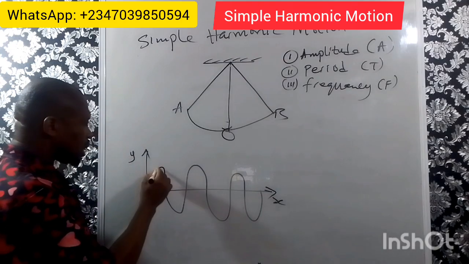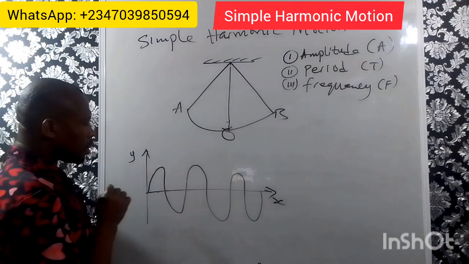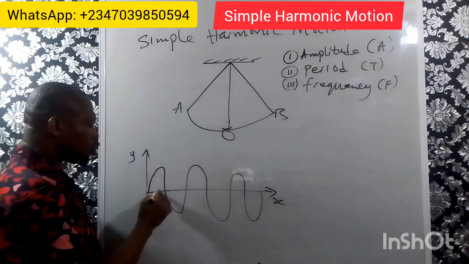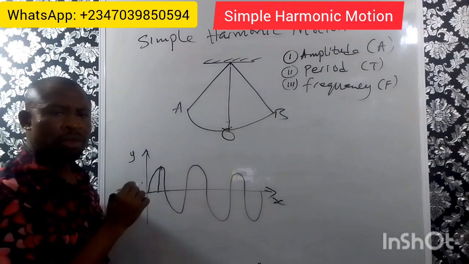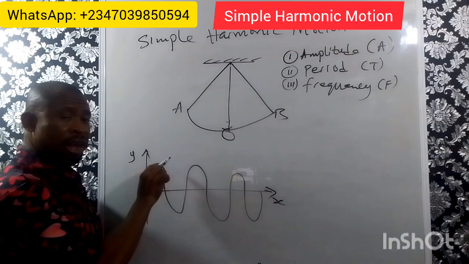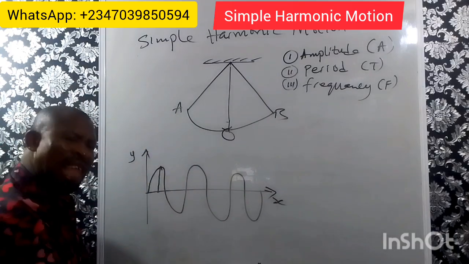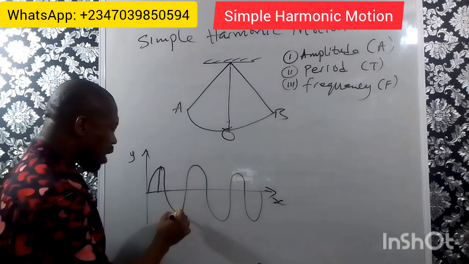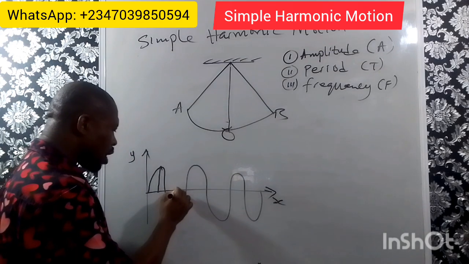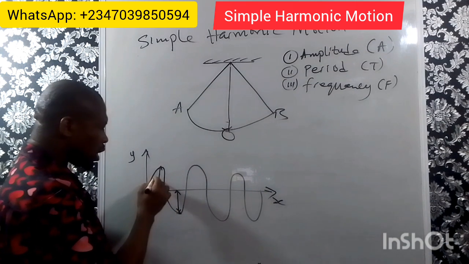At this point, the body is at rest. Now, if the body moves up and gets to a particular value, it cannot exceed here. Since it cannot exceed here, this is the maximum point. And if it's coming down, it cannot exceed here. So if you measure from here up to here, this is our amplitude.